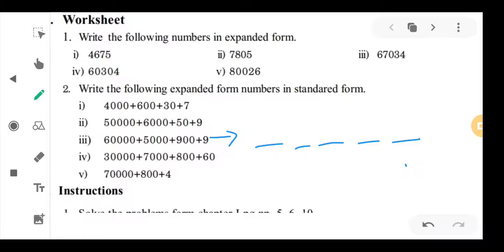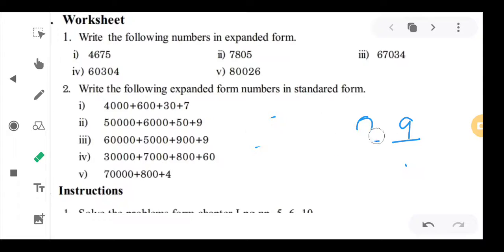First 9 is in ones place, so 9. After that this is 900, so this is in hundreds place, not in tens place, so this is a dash. So in hundreds place 9, in thousands place 5, in 10,000s place 6. So what about tens place? Yes, that will be 0. So this is 65,909.